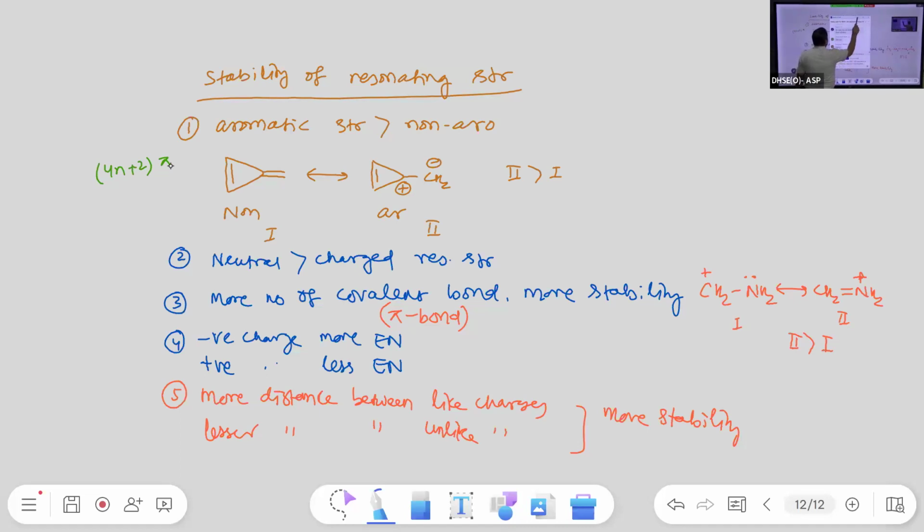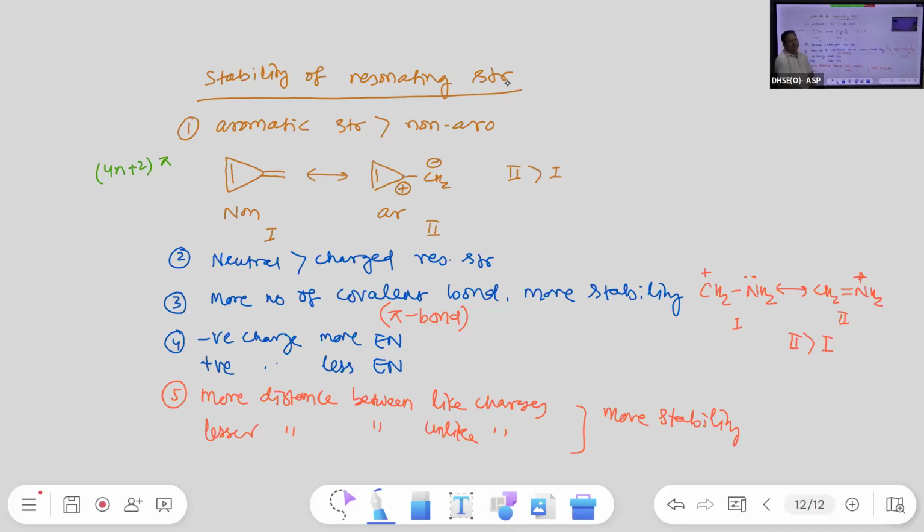Fifth rule, okay, Om Prakash. The more the distance between like charges, the more the stability. The lesser the distance between unlike charges, the more the stability. Now we know like charges repel each other and unlike charges attract each other.